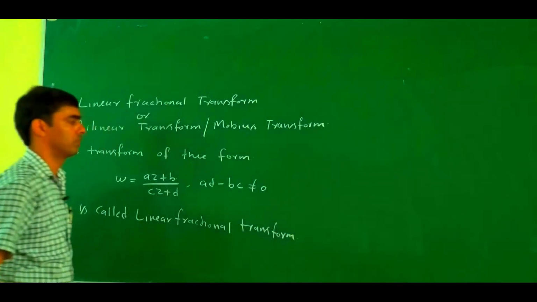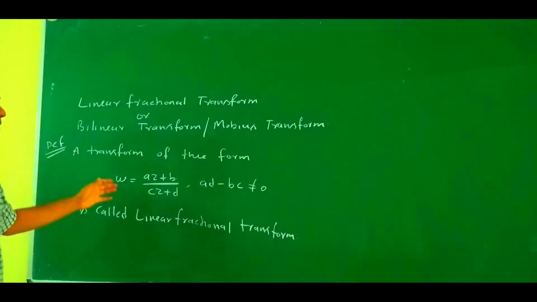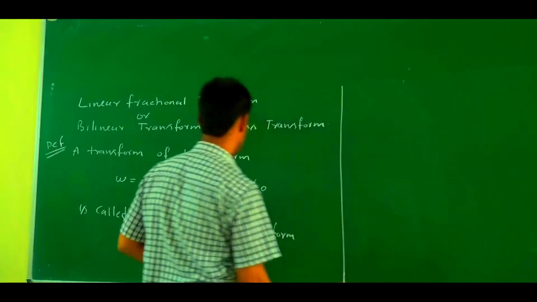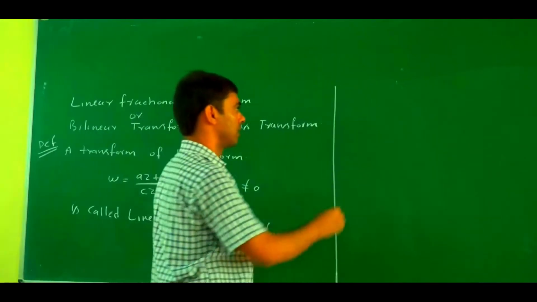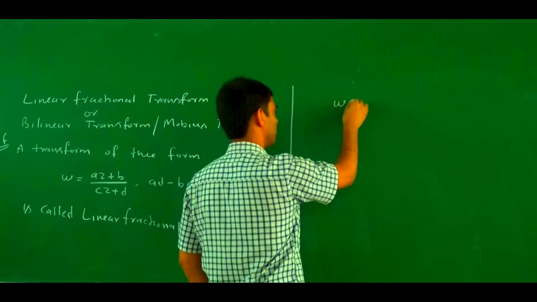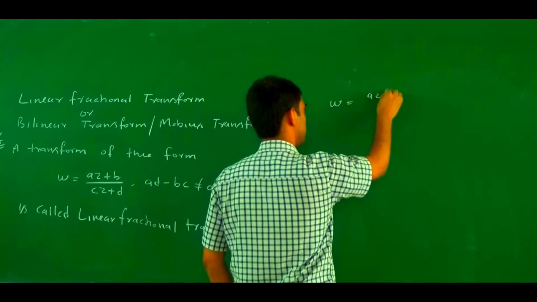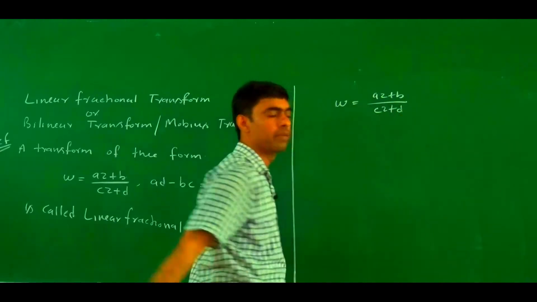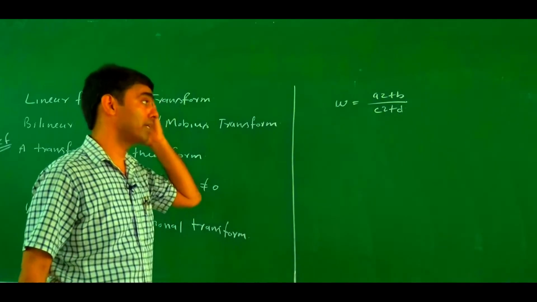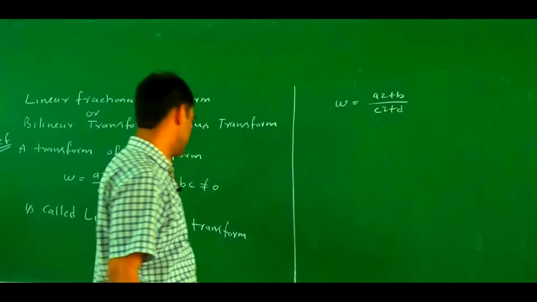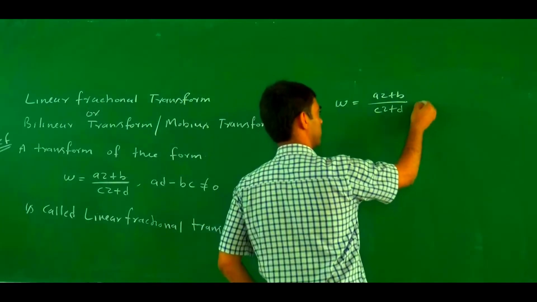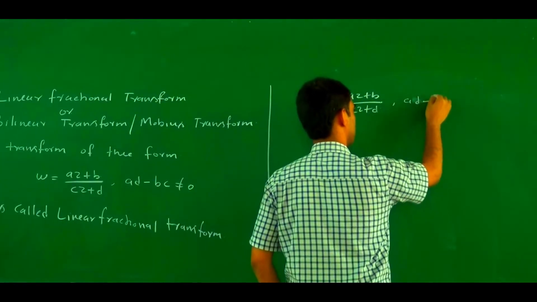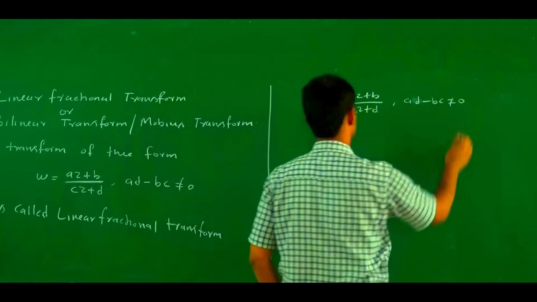Now if we try to analyze this, you may also write it in this form. W equals (AZ plus B) divided by (CZ plus D), provided AD minus BC does not equal 0.